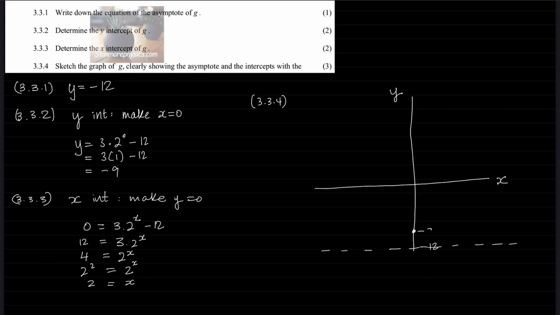So -9 being here. And then we know that the x-intercept is 2. Since we know the intercepts and the asymptote, we can then draw in the graph. Remember, an exponential graph will look like this. And particularly, again, the b value is positive or greater than 0. And that's how our function is going to look.